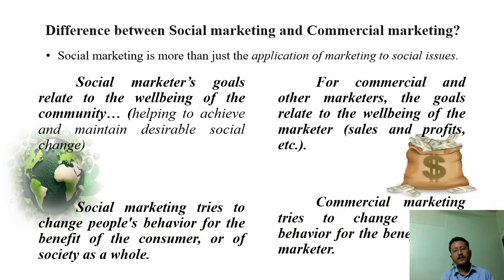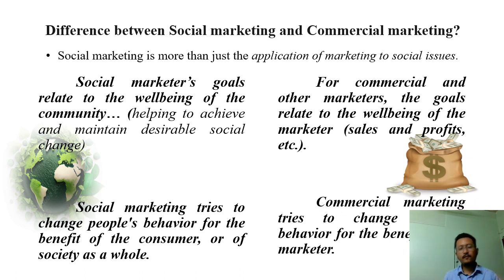Now, it is very important to know the difference between social marketing and commercial marketing before we move ahead with further concepts of social marketing. Like I said, social marketing is just another aspect of marketing. And as the term itself suggests, social marketing is basically to work towards a society.